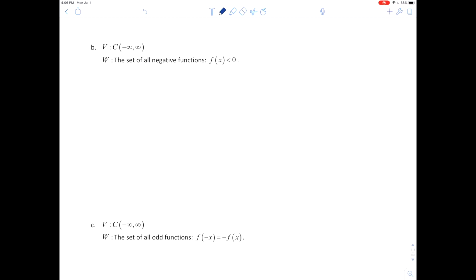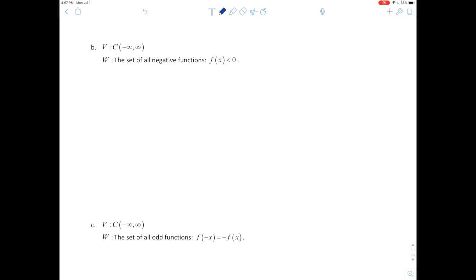What about this next one? V is the set of all continuous functions on the real line, and W is the set of all negative functions, meaning that f of x has an output that is below the x-axis, less than 0. So, okay, I don't think this is going to work. And there's more than one reason, but I'm going to use scalar multiplication.